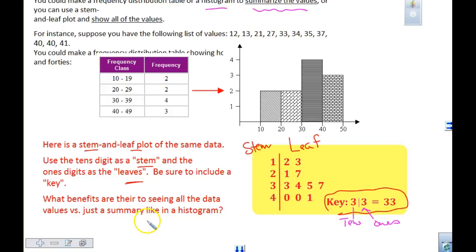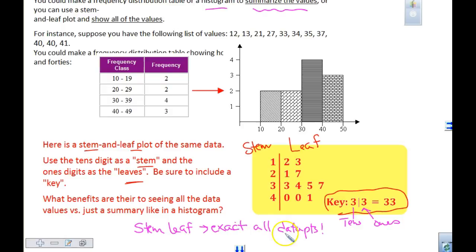Yeah, looking at it. The stem and leaf tells us what? The stem and leaf tells us our exact, or all of our data points, right? That might be very important if we're trying to talk about something, because there's really nothing past 41 here if we're looking at this list of values.